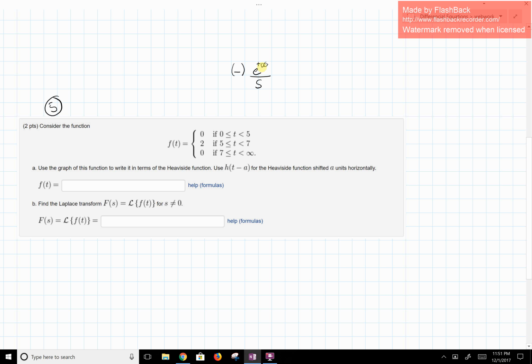So it's e to the a s all over s. Just want to rewrite that so it's a little bit more clear.